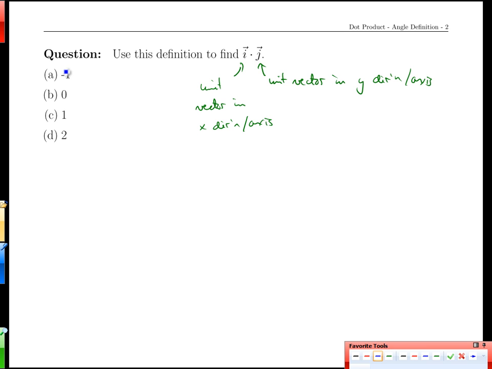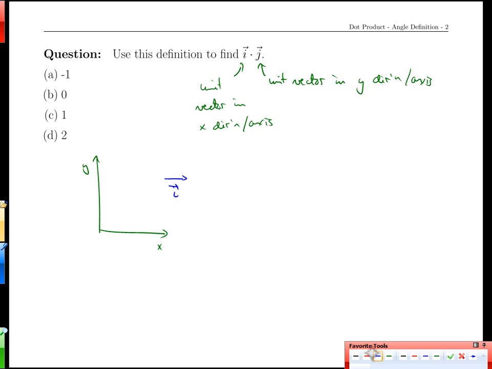So take a look at this. Ask yourself which of these values here we would get if we use these two special unit vectors, and we'll take a look at that in 1 second. Okay. One of the vectors is i, pointing in the positive, so let's get some axes here. The x and the y axes are here.